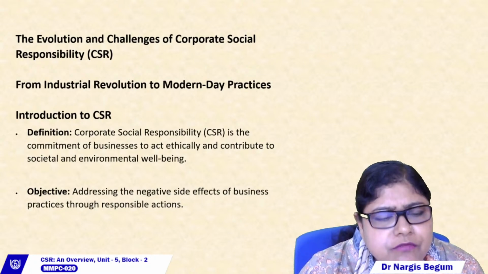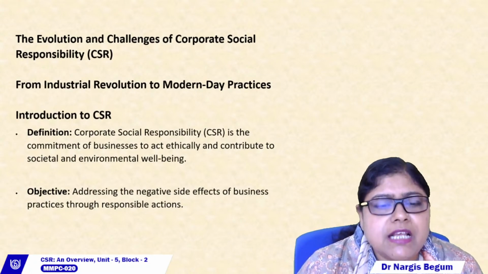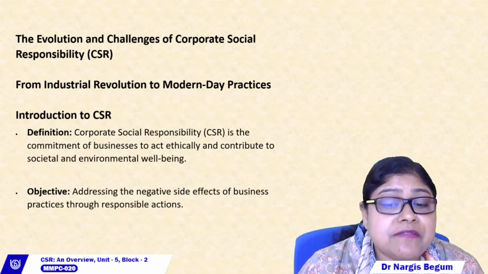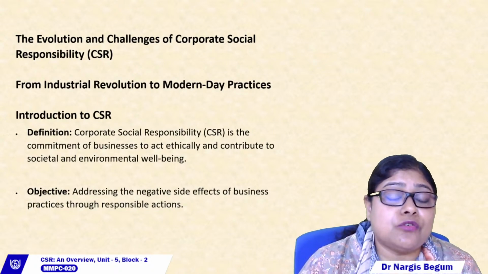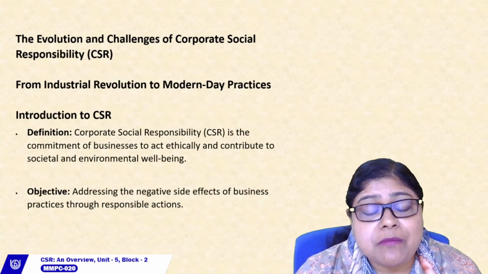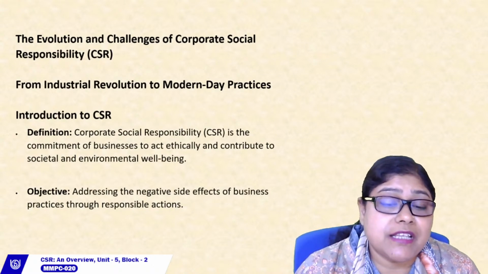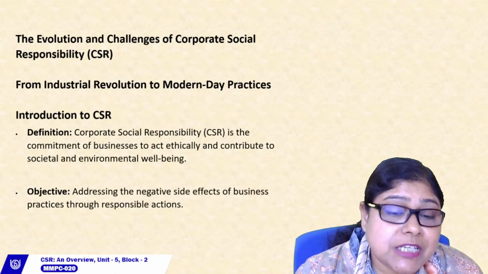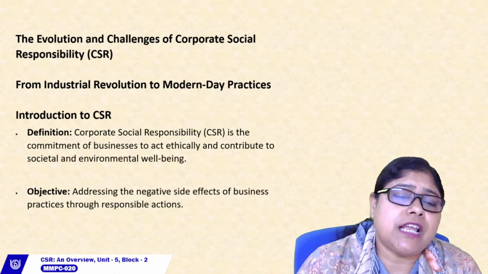What should be the objective of CSR? That is addressing the negative side of the business practices through responsible actions. For example, while undertaking the business, I am entering into a manufacturing process and I am polluting the environment.